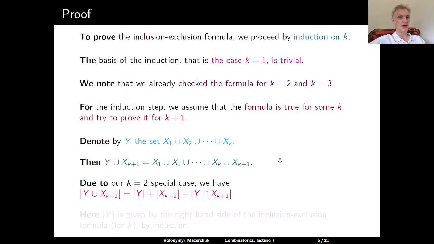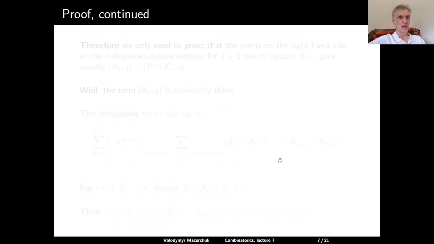And here Y is the union of k sets, so we can apply the inductive assumption, and so this cardinality of Y is given by the right-hand side of the inclusion-exclusion formula for this particular k by induction.